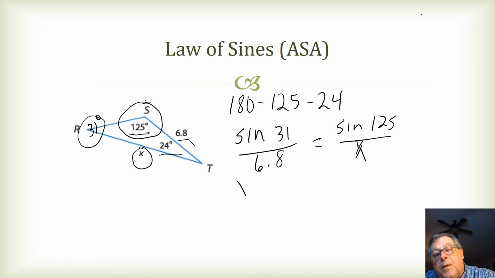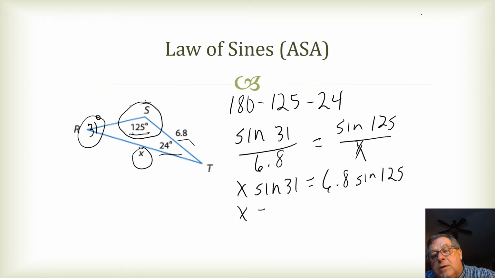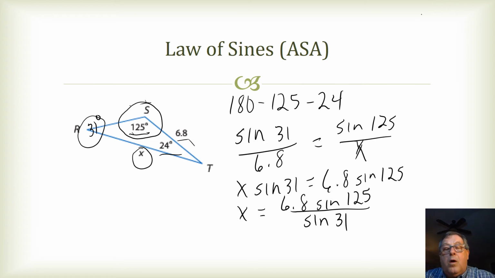We cross multiply, and I get x times the sine of 31 equals 6.8 times the sine of 125. Let's divide both sides by the sine of 31. So I get 6.8 times the sine of 125 divided by the sine of 31.